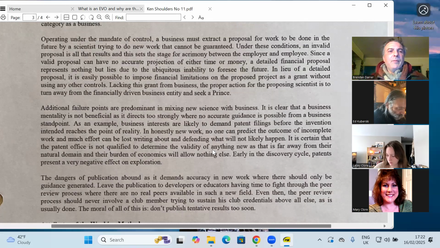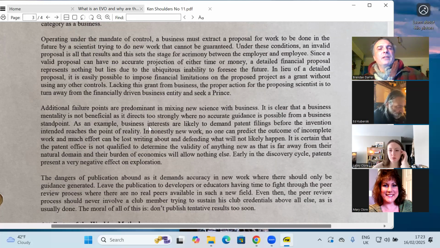Additional failure points are predominant in mixing new science with business. It is clear that a business mentality is not beneficial, as it directs too strongly where no accurate guidance is possible from a business standpoint.